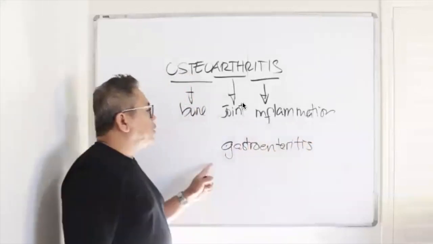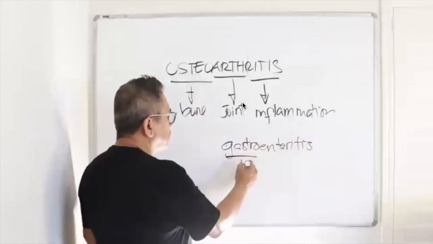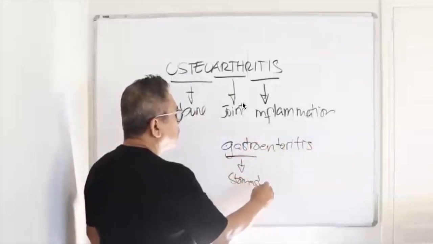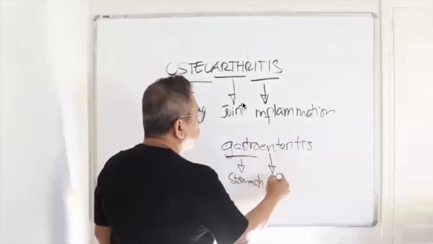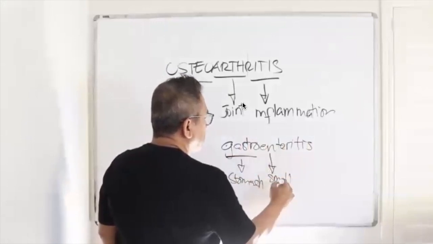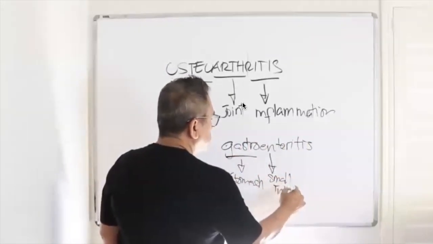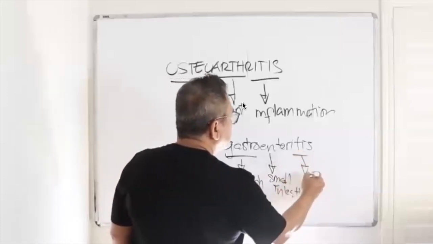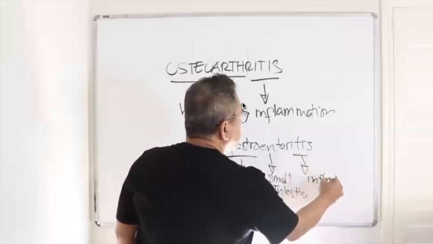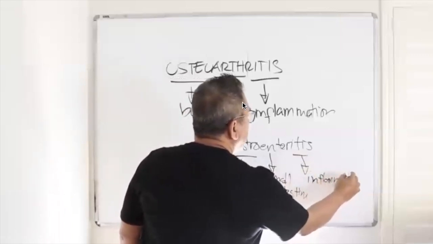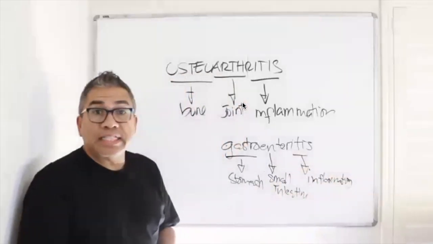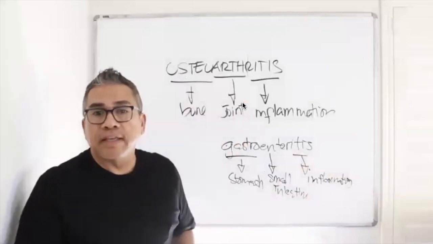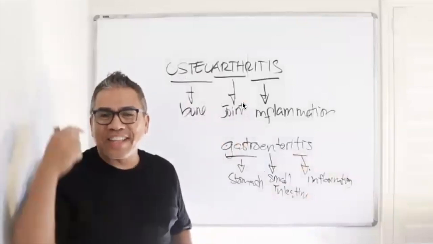When you look at this word, gastro means this is your stomach. Enteritis, this is the small intestine. Then you see this itis here. This is inflammation. So when the inflammation happens inside the intestine, chances are this is an infection. I'm sorry to hear that, Jess.